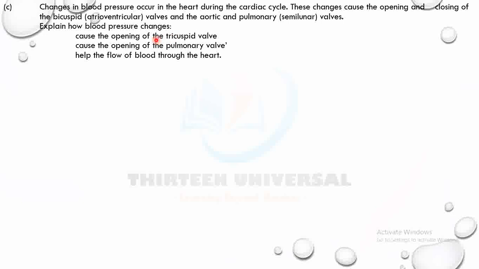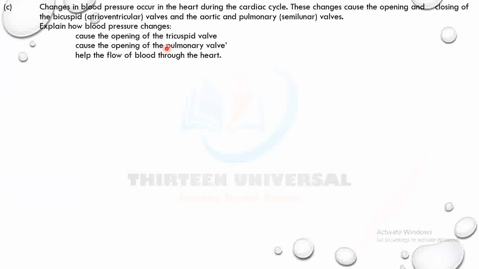Now this is the tricuspid valve, which separates the right atrium from the right ventricle. So why does it open? It opens because the pressure in the right ventricle is lower than the pressure in the right atrium. That's why it opens, so that blood can move into the right ventricle.